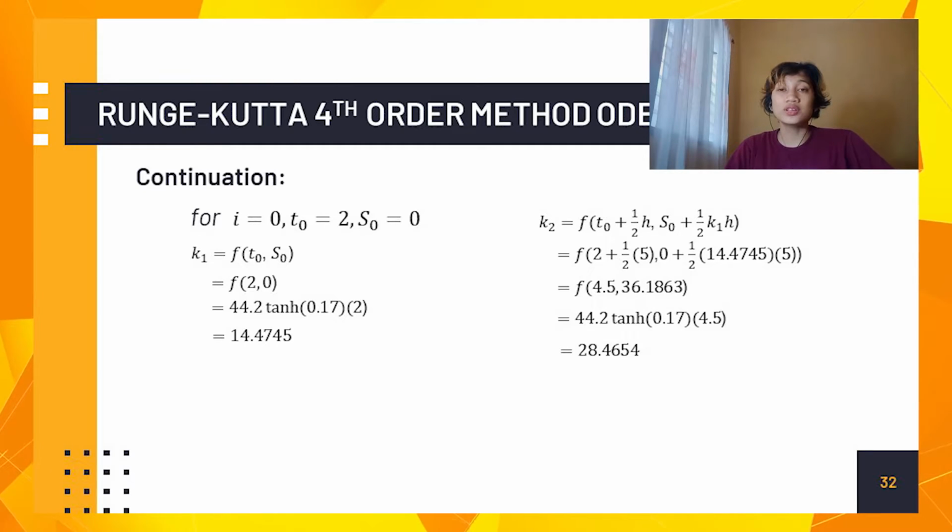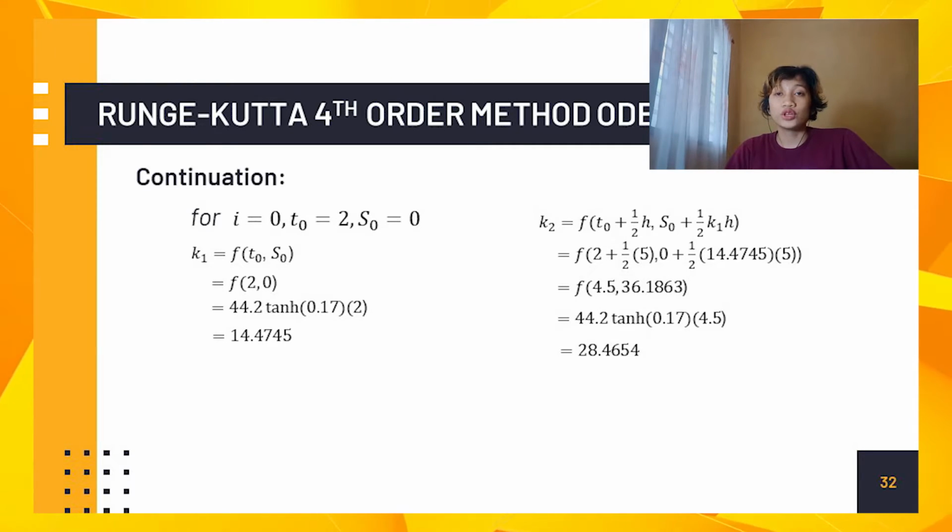For i equals 0, t sub 0 is equal to 2, and S sub 0 is equal to 0. k sub 1 is equal to f of t sub 0, comma, S sub 0. Substitute the values. 44.2 tanh of 0.17 times 2, k sub 1 is equal to 14.4745.